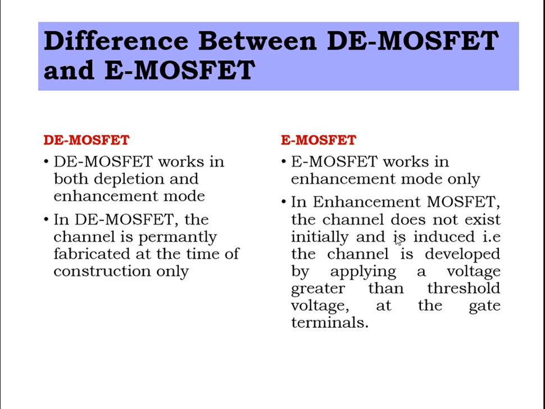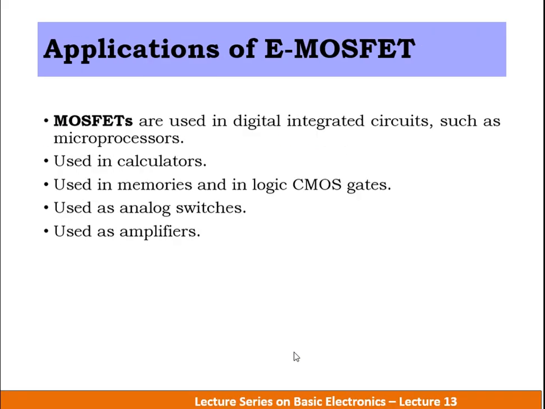But in case of an enhancement MOSFET, the channel does not exist initially, it will be induced later. That is, the channel is developed by applying a proper gate source voltage, that is the VGS voltage, which should be greater than the threshold voltage applied at the gate terminal. These are the two main differences between DEMOSFET and EMOSFET.